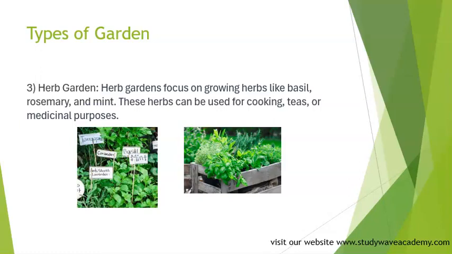This garden is just for growing herbs. That's why it's called the herb garden. You can use these herbs for cooking, for teas, for medicinal purposes. So this is called the herb garden. Okay, did we understand that? Good.